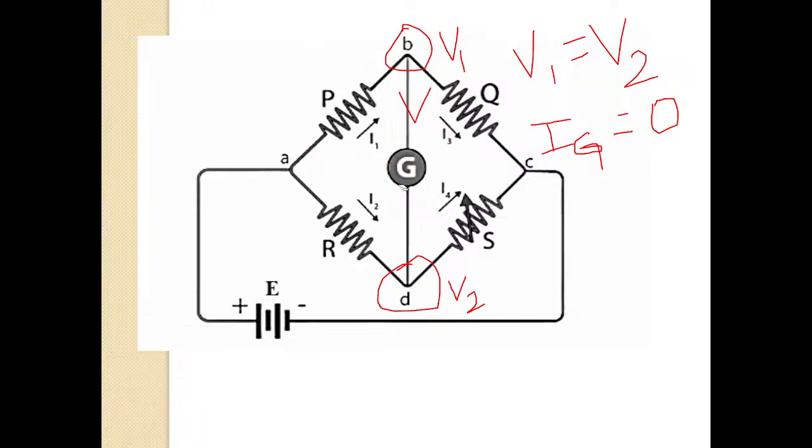No current will flow through this galvanometer if V1 is equal to V2. So there should be a potential difference between B and D for the current to flow through the galvanometer.